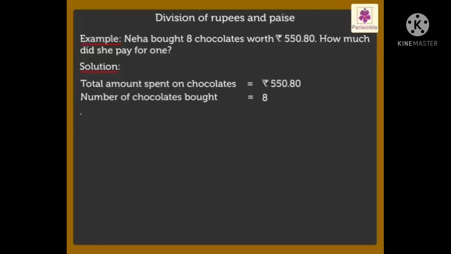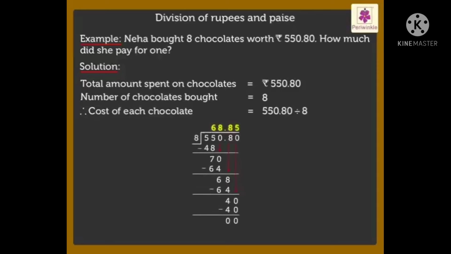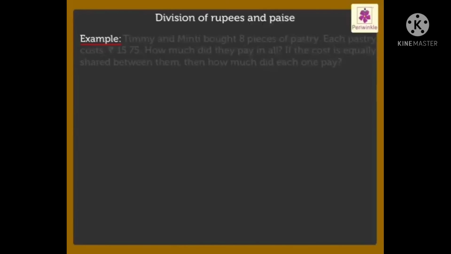Therefore, cost of each chocolate is equal to 550.80 divided by 8, which is equal to rupees 68.85. Thus, Neha paid rupees 68.85 for each chocolate. Let's solve one more story problem.